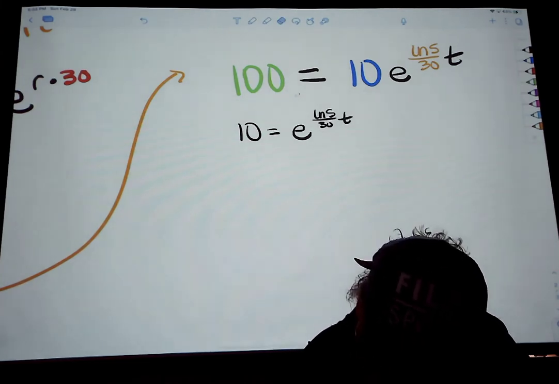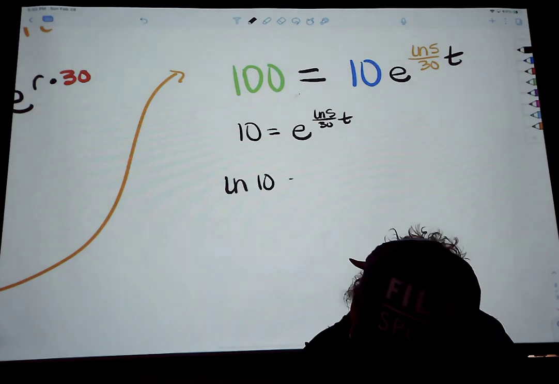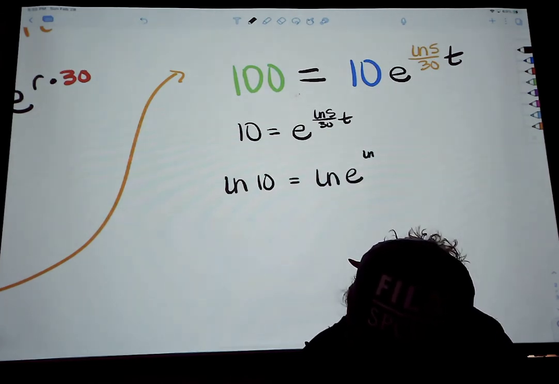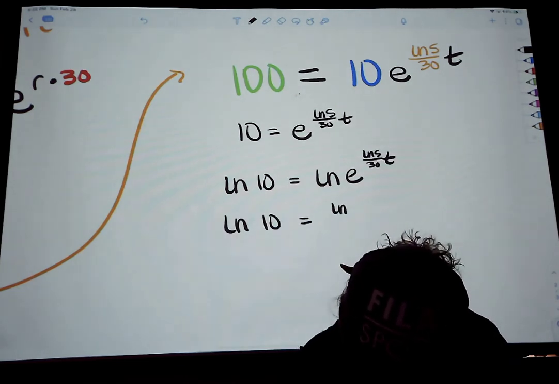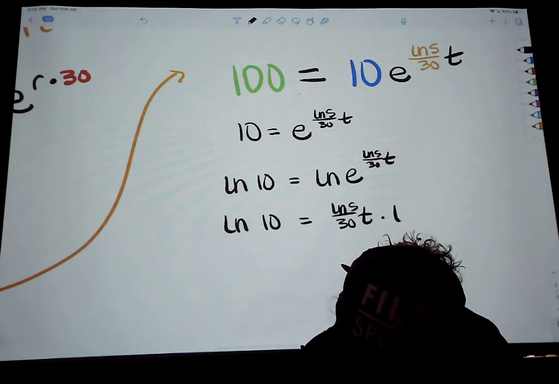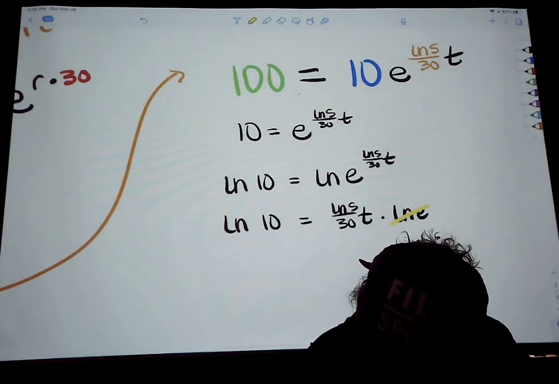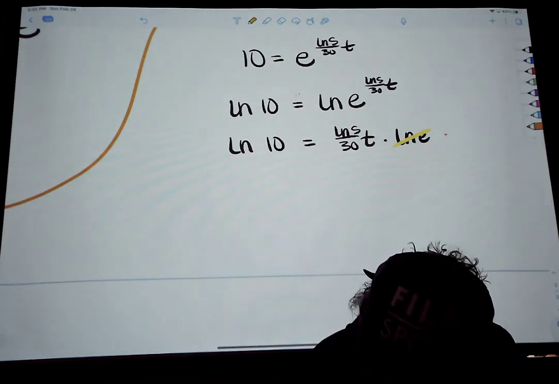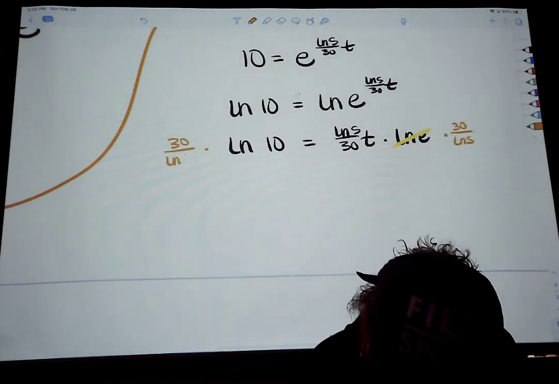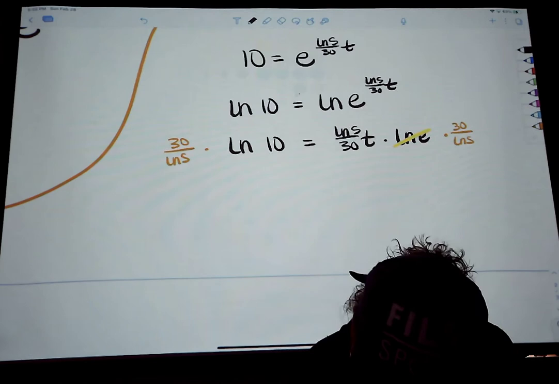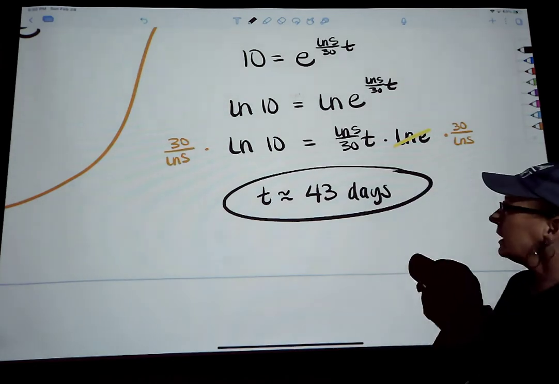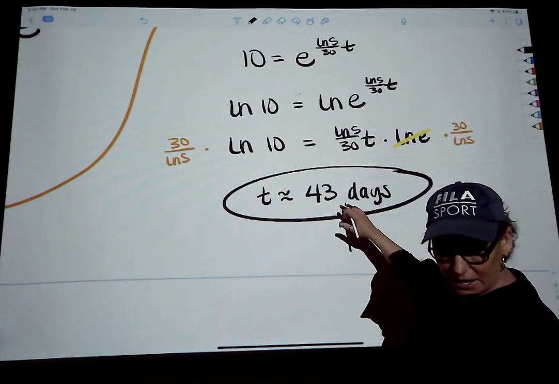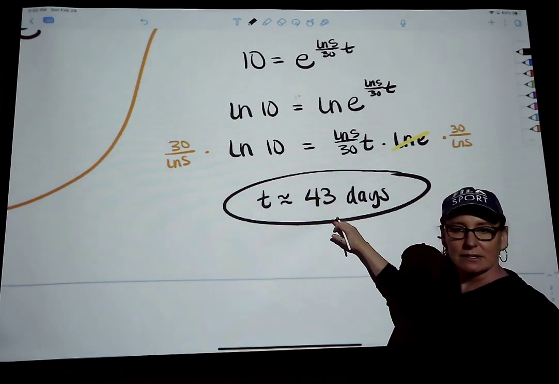Natural log both sides. Bring my exponents down to the front. Natural log of e is just 1. Now I'm going to multiply both sides by the reciprocal, 30 over ln 5. And I get, do the math, I think I ended up getting t's about 43 days.